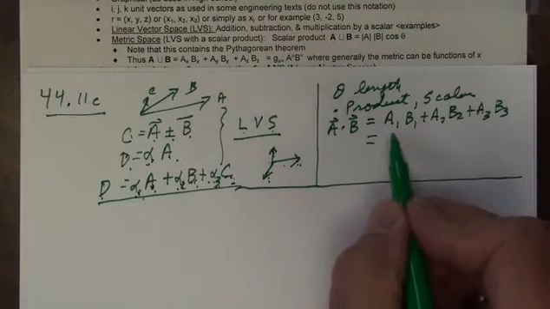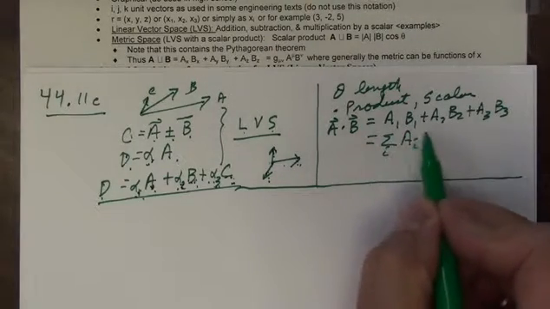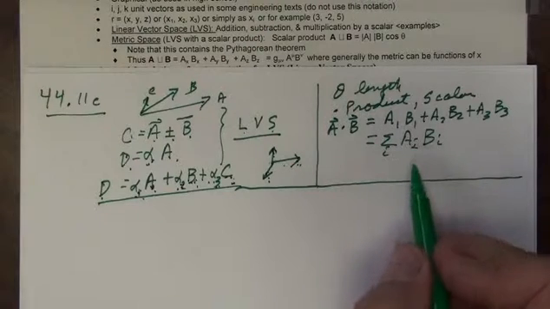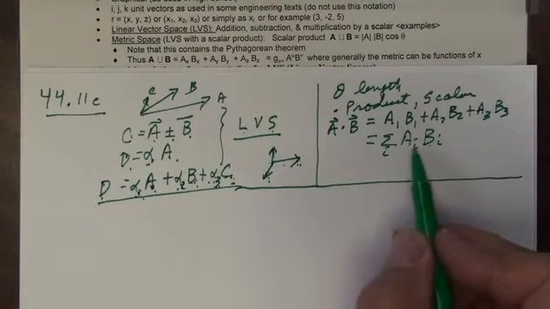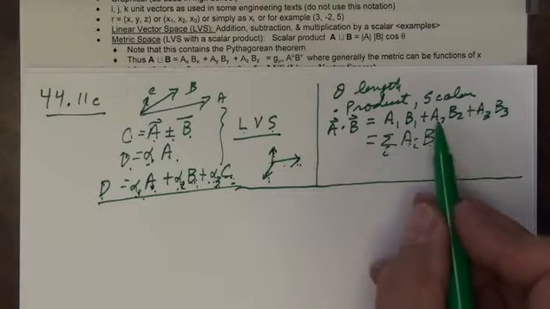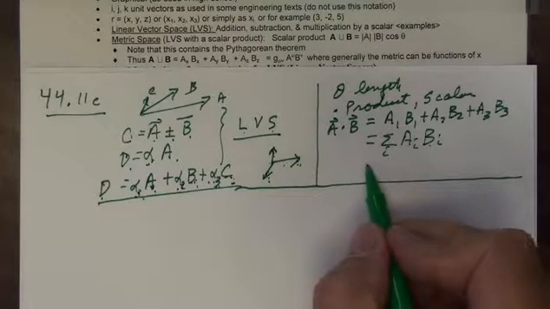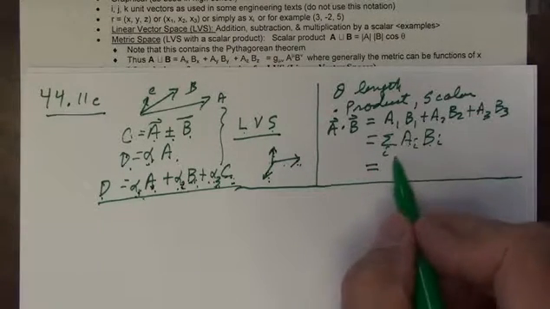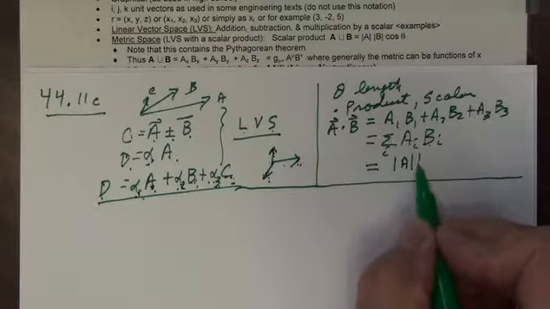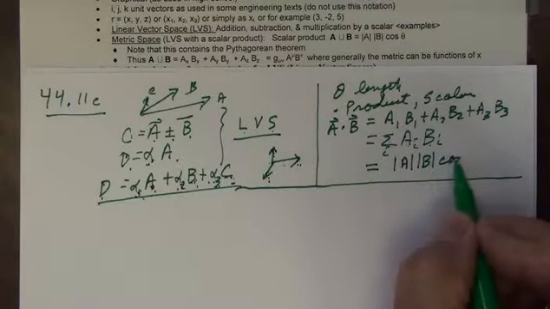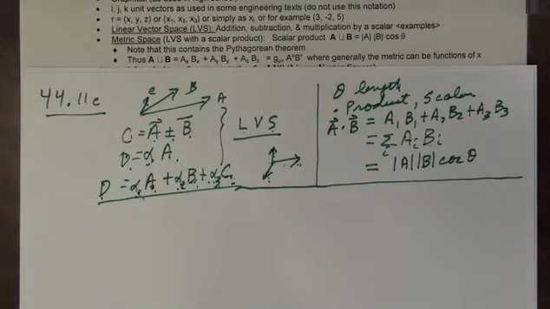So I could write it as the sum over i of A_i B_i, meaning I take the product of the first two and add that to the product of the second two and so forth. That gives me the dot product. Now the powerful thing is the dot product is equal to the magnitude of the first vector times the magnitude of the second times the cosine of the angle between them.